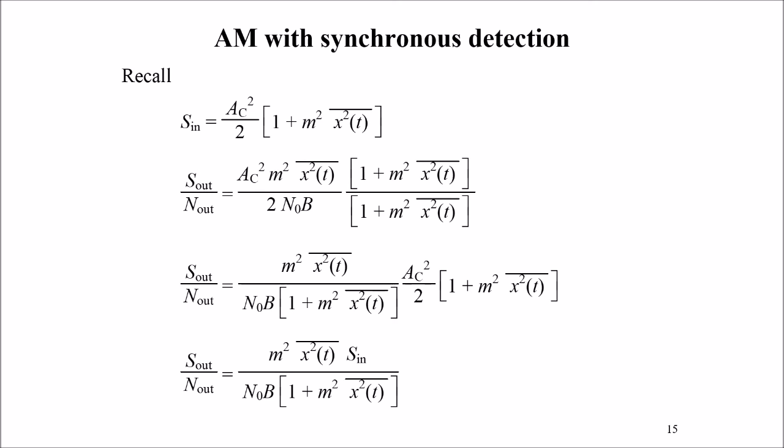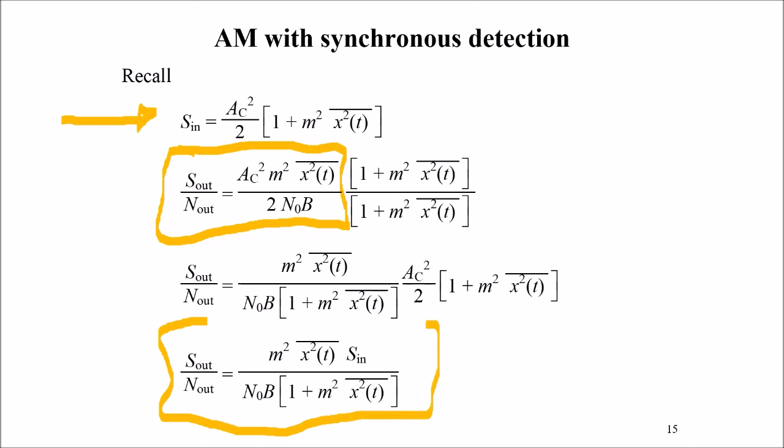I want to take the signal to noise ratio at the output, which is this expression in this yellow box, recalling that the signal power into the demodulator was given by this expression earlier, and with some algebraic manipulation involving multiplying and dividing by this common term and manipulating things around a bit, this expression relates the signal to noise ratio at the output of the synchronous demodulator with an expression involving the signal power into the demodulator.